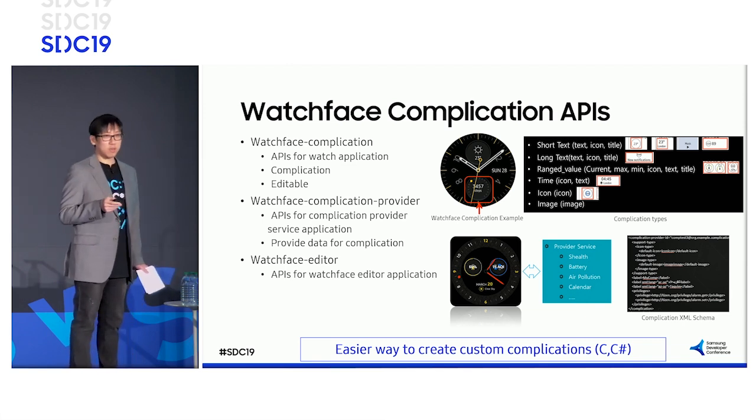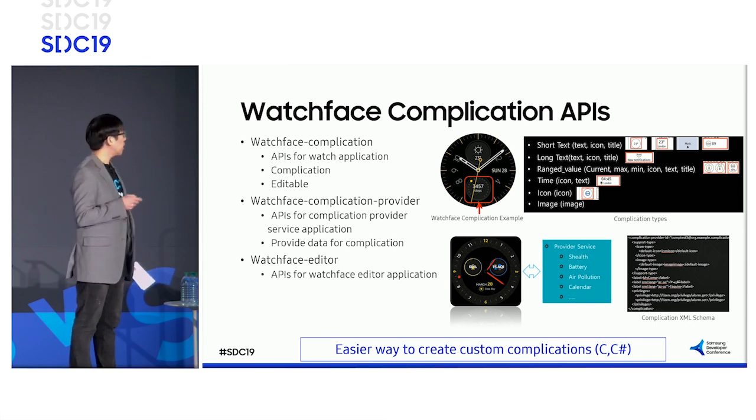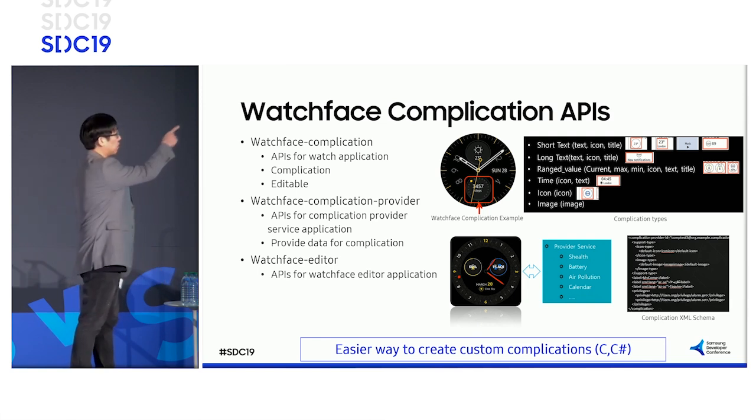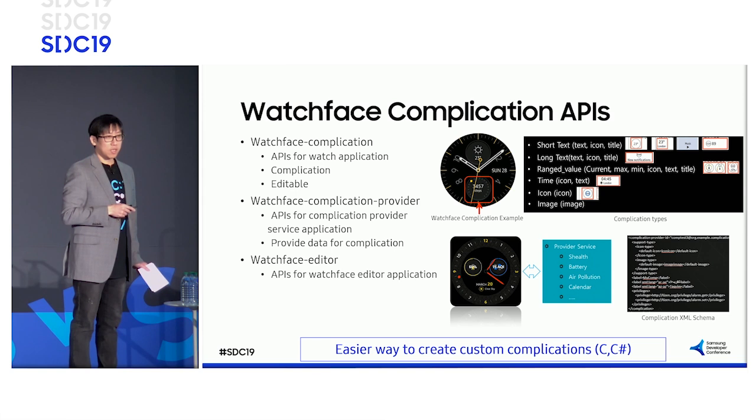The first one is the watch face complication API. A watch face complication is a small graphical user interface on the watch face. You can see it in the red box. It shows information like step count, heart rate, or game scores.